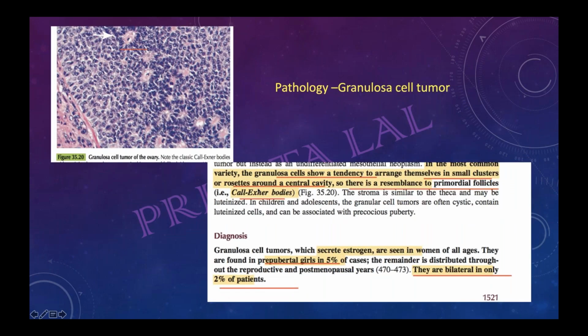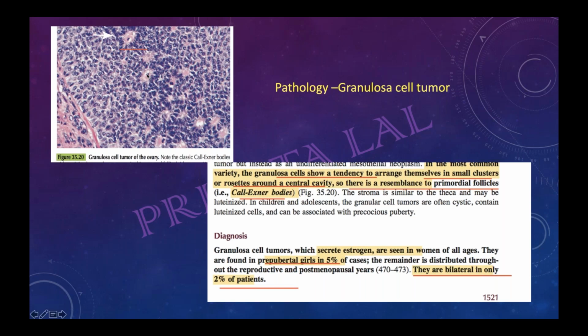Now another line that is important that you have to learn, and you will get a question from there. In granulosa cell tumor, the granulosa cells have a tendency to arrange themselves in clusters or rosettes around a central cavity.